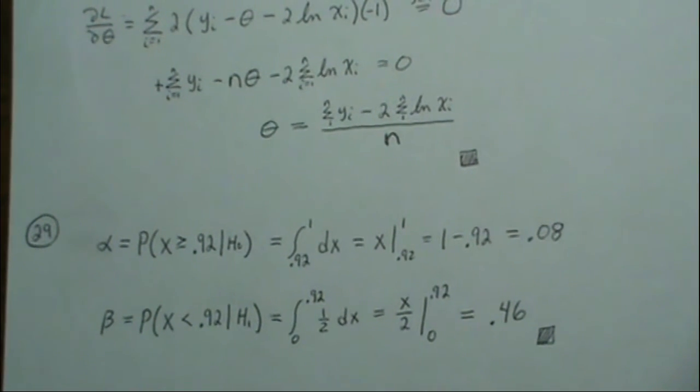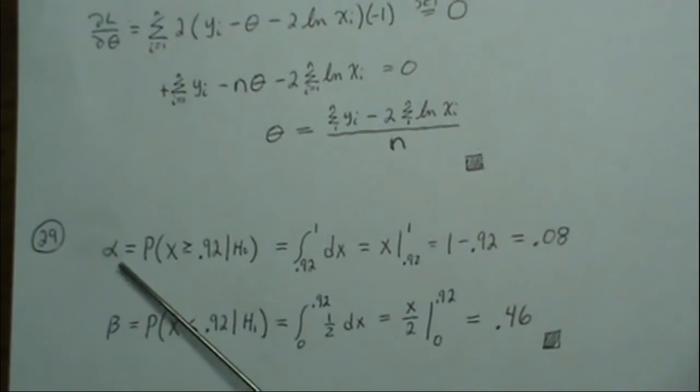Now number 29, they provide the rejection region of x greater than or equal to 0.92, and they want us to find the alpha and beta, the probability of a type 1 error and the type 2 error.